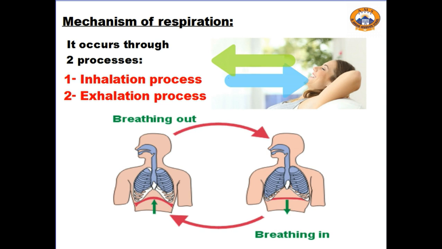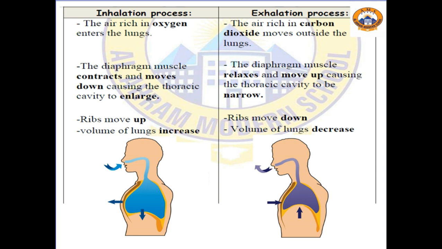While the other process where we breathe out is called the exhalation process. What is the difference between the inhalation and the exhalation process? The inhalation process means the process where the air rich in oxygen enters the lungs, while the exhalation process is the process where the air rich in carbon dioxide moves outside the lungs.